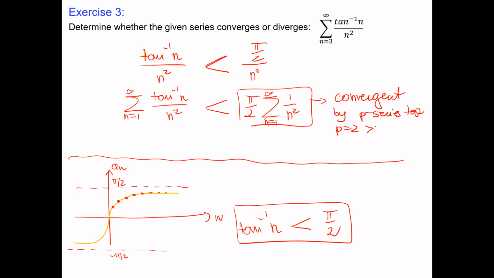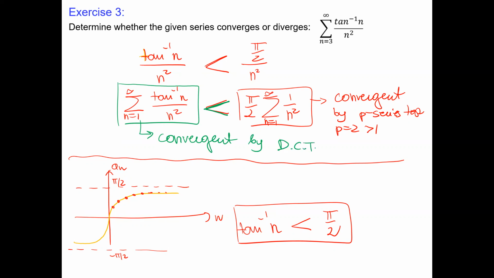P is 2, greater than 1. Then our original formula is convergent, because everything smaller than a finite number is a finite number. Convergent by direct comparison test with, and let's keep that pi over 2, important, 1 over n squared, starting from 1, okay?